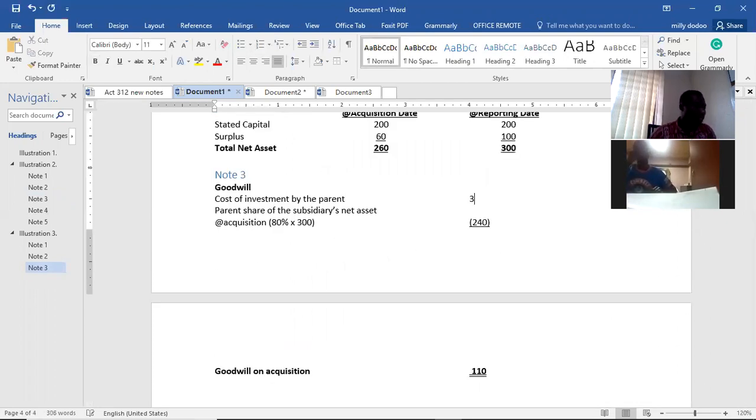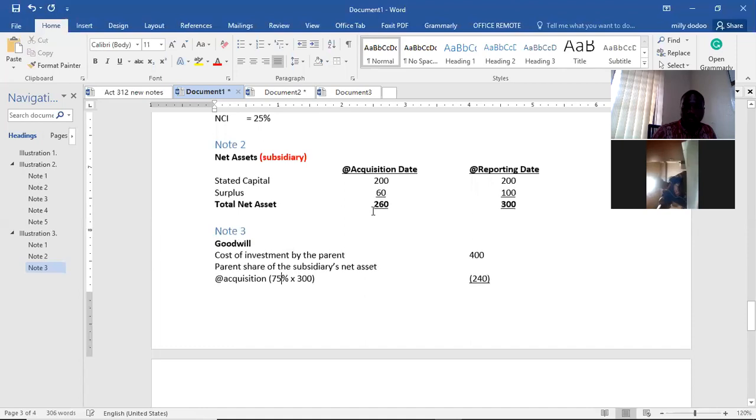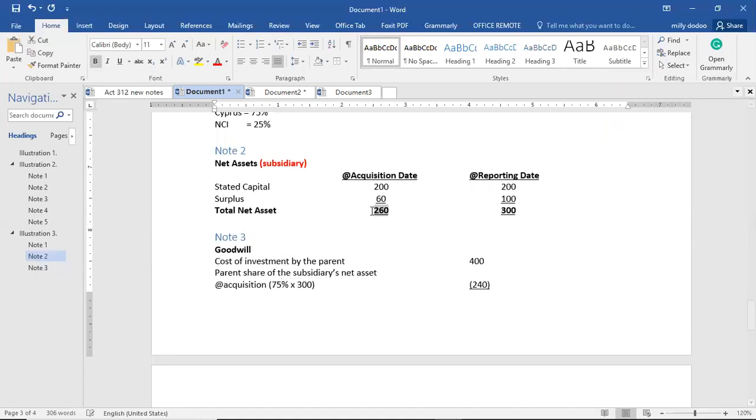In this instance, cost of investment by Cyprus is 400. Then the parent's share of the subsidiary's net assets at acquisition. Net assets at acquisition is 260. So 75% of the 260 is what we are looking at over here.